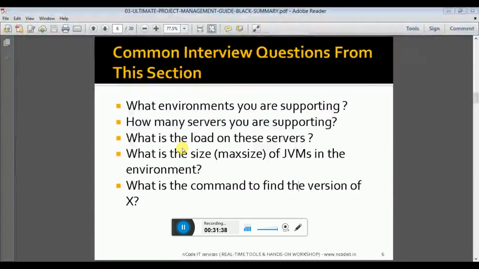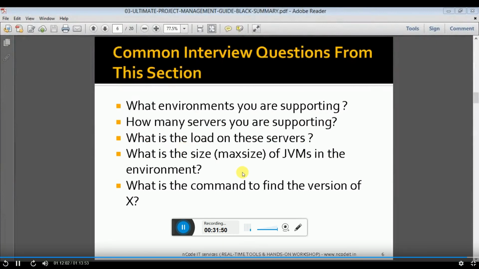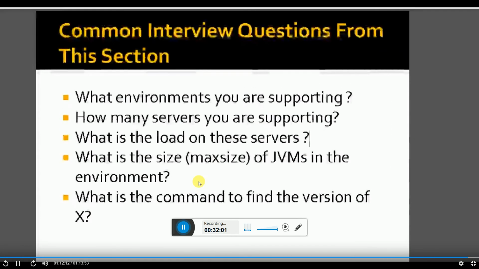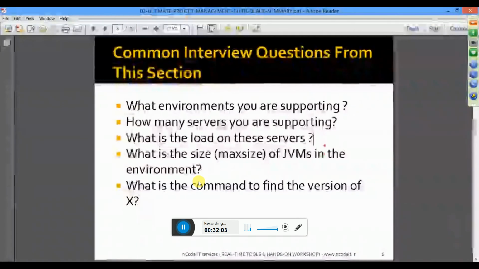Then you see what is the load on the server. The load basically means how many requests you have on the servers. When a load is being asked, just say that at peak levels we have around 350 sessions per instance. Say that number. You can say any number, it doesn't really matter. Just saying it is what matters.